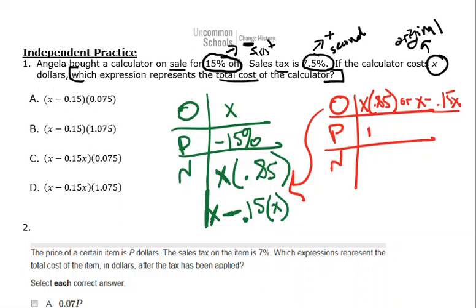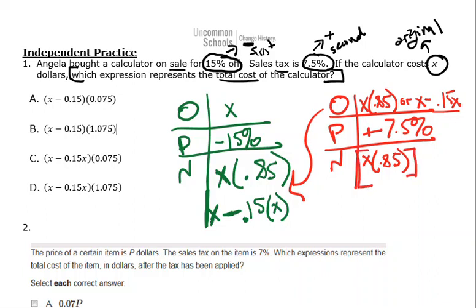My percent is going to be plus 7.5%. So that means my new is either going to be X times 0.85. Sorry, I'm going to put this in a bracket.